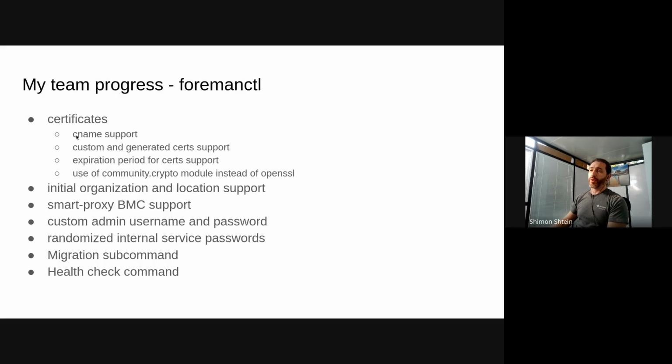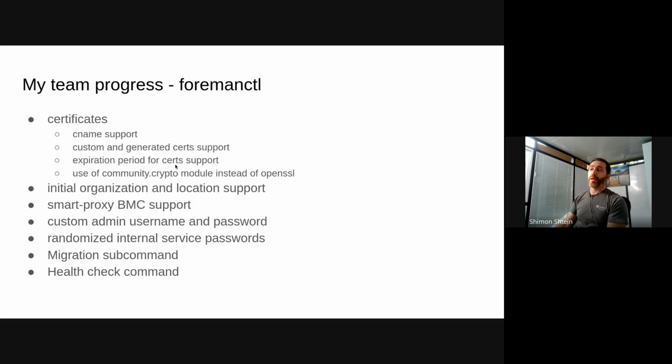We added support for CNAMEs. We added support for custom and generated certificates, so it will be possible to deploy Foreman with either custom certificates or certificates that will be generated on the fly during the installation.